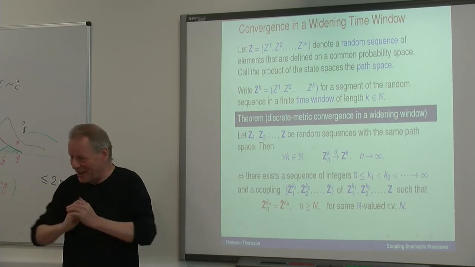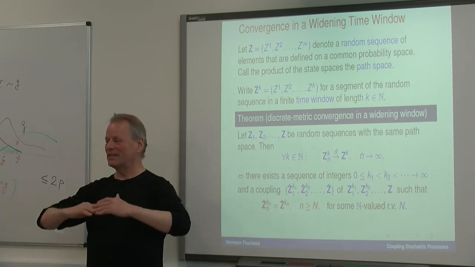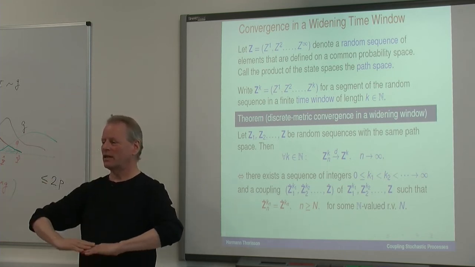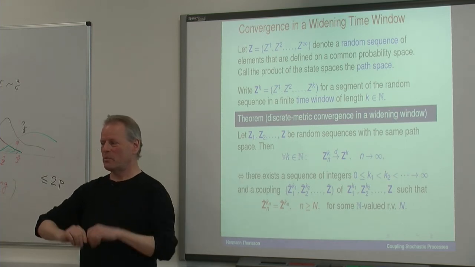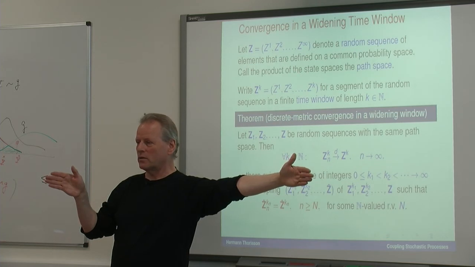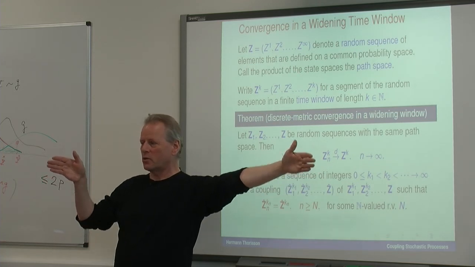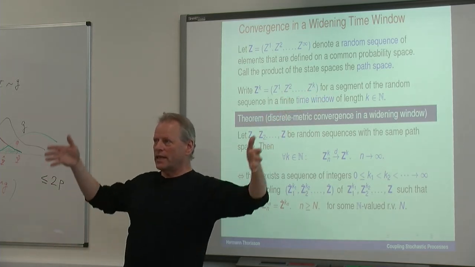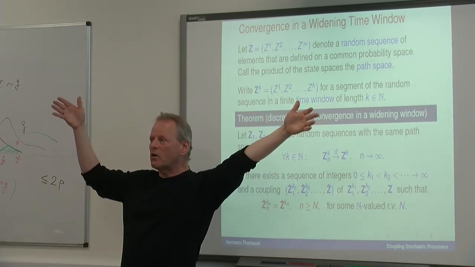So you have a sequence of processes, and you let the sequence grow. N is growing this way, and the process grows that way. And so when you're up in the nth process, you are looking at a particular window of the process, and then when you go higher, you have a bigger window, and so on. So in the end, you will hit the window of the limit.